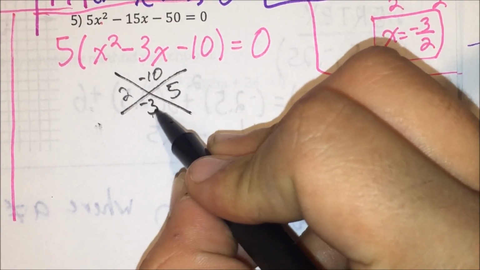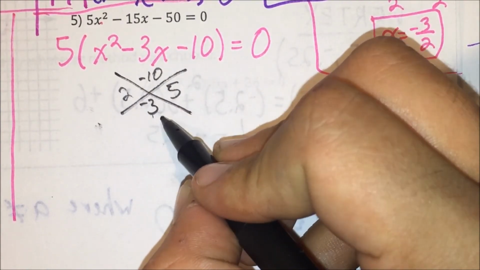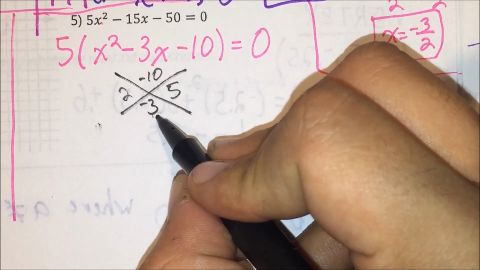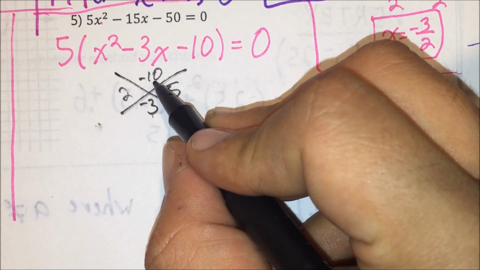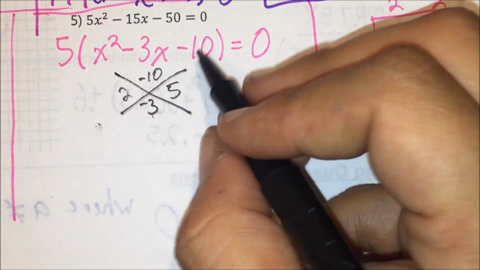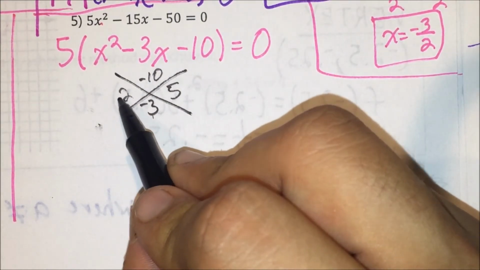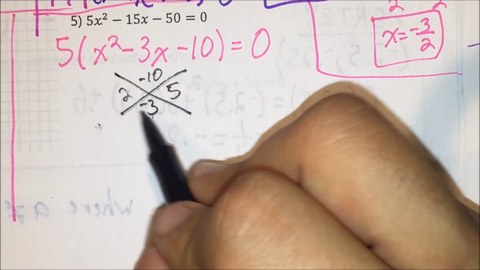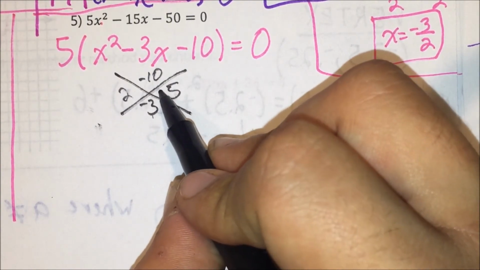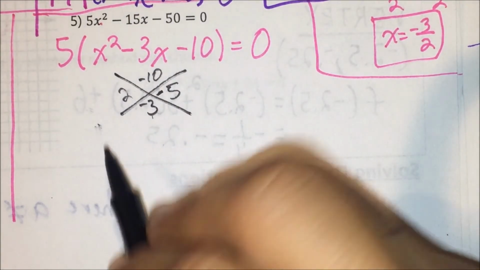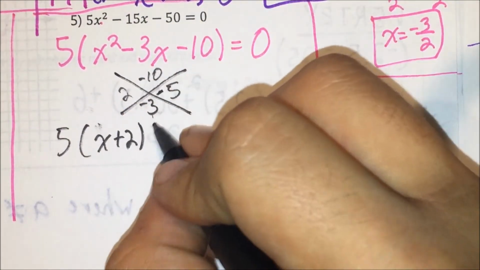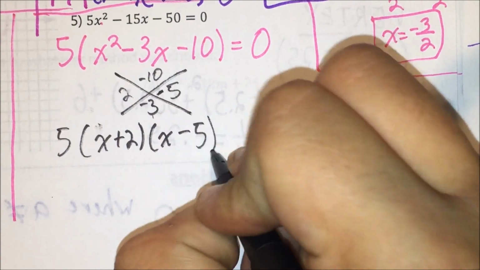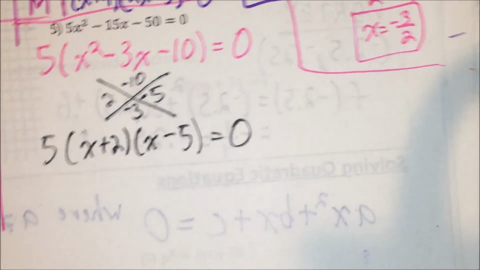It adds to 7. But what I can do is think, okay, but what if I make one of these negative? Because again, it has to multiply to negative 10, so 1 does have to be negative. Well, if I make the 2 negative, that's just going to be 5 minus 2, which is positive 3. So I'm going to want to make that 5 negative. And so that will factor into x plus 2, x minus 5 is equal to 0.